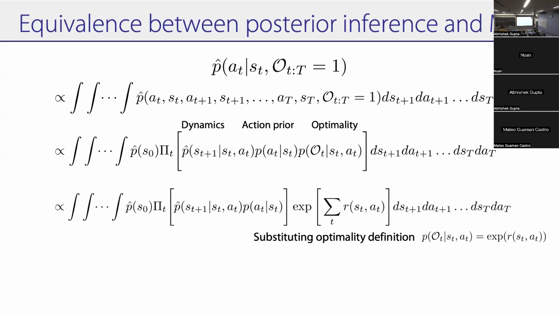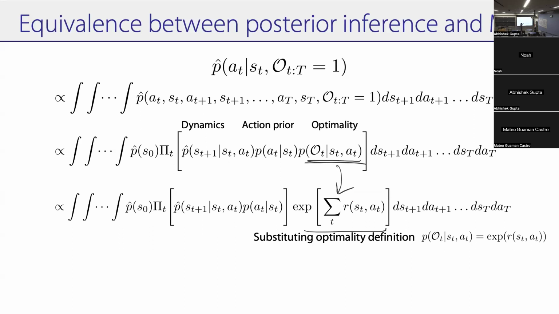What we're going to substitute in then is that we know P of OT given ST and AT is equal to exponential reward. Which means the product over a bunch of time steps is the exponential of the sum of rewards. A product of exponents is the exponent of a sum.